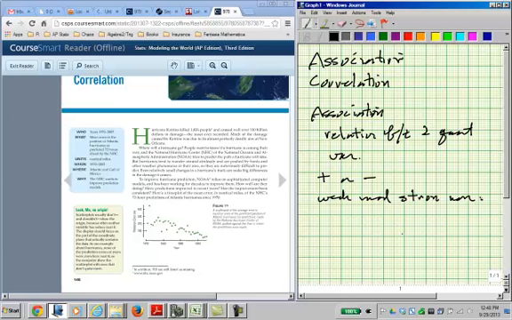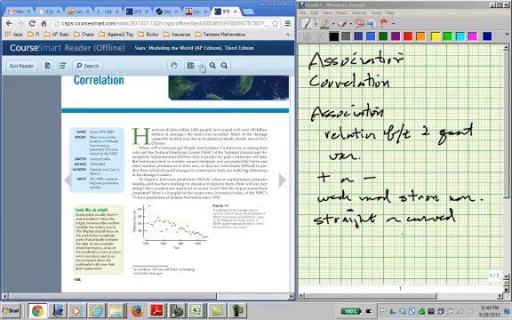And it can be straight or curved. So it's extremely important whenever you talk about association, you remember these three categories: direction, positive or negative, strength, and linearity. Is it linear or not? Let's go to the next page.